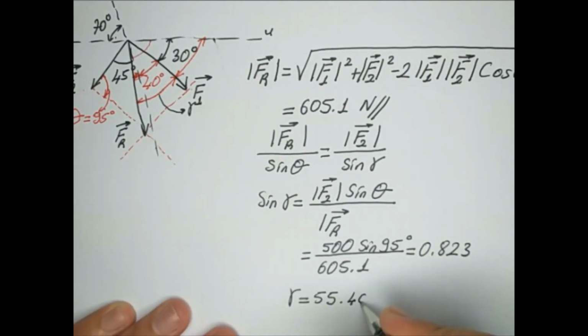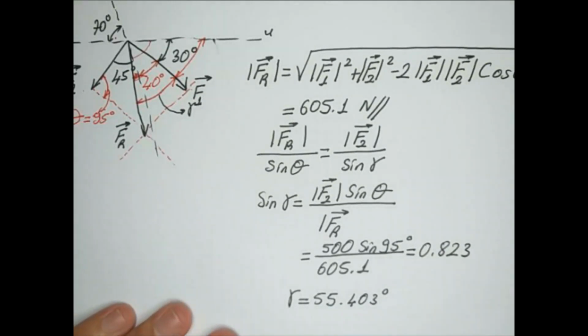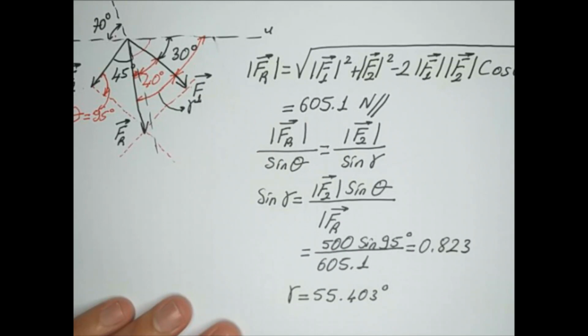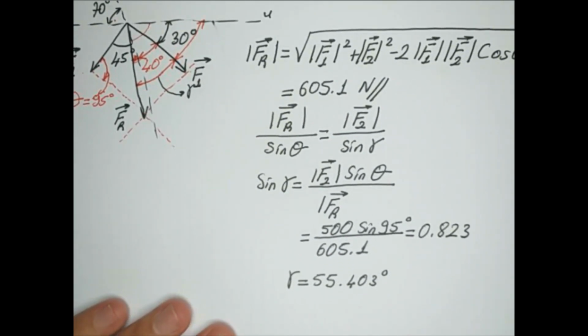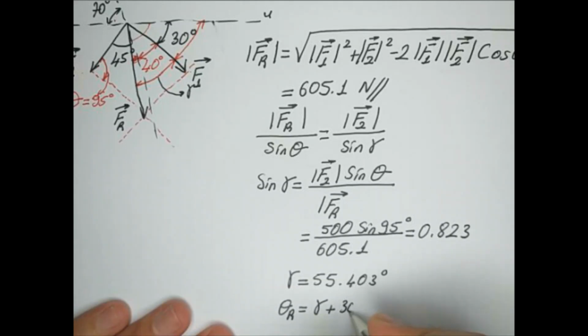Therefore, the angle that F_R makes, let's say this is theta_R. Theta_R is equal to gamma plus 30 degrees, and it makes 85.403 degrees.